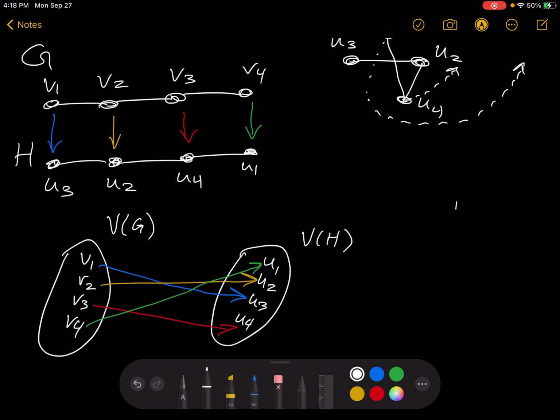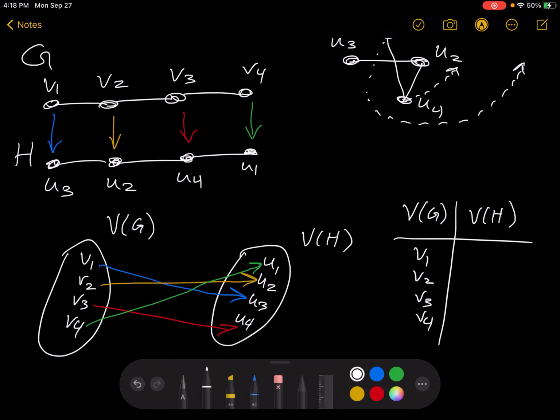And now if we were to make this into a table, we'd have V1, V2, V3, V4. V1 went to U3, V2 went to U2, V3 went to U4, V4 went to U1. First of all, the only way we can tell from a table, just by looking at it, if it's a function, one-to-one, onto, is if you fill out all of the cells of the table.